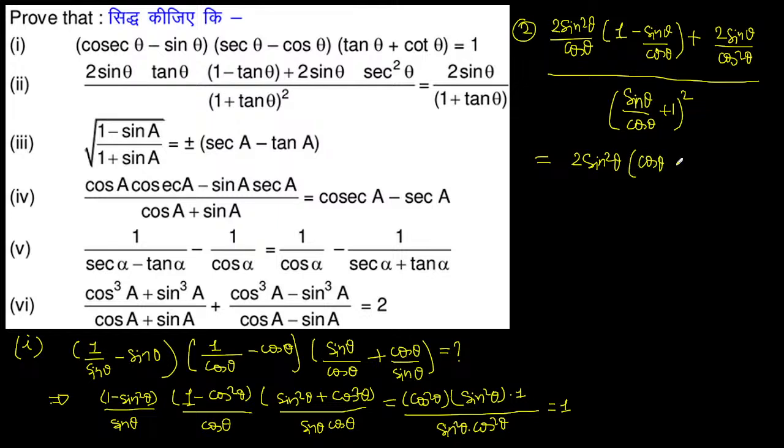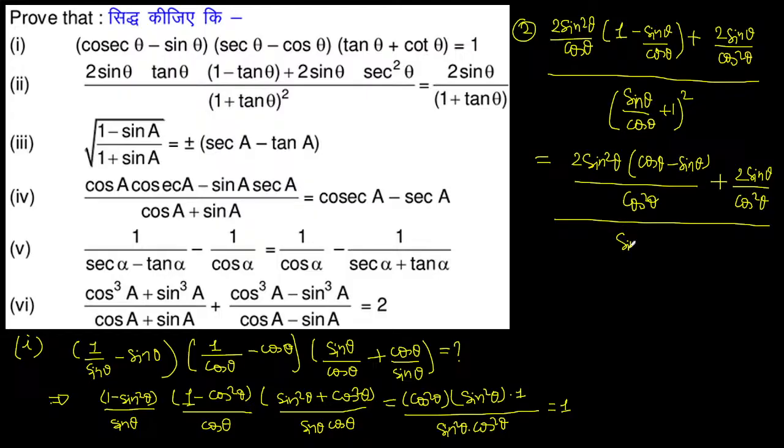Cos theta minus sine theta, taking LCM, and at the bottom we have cos square theta, taking LCM and multiplying both of them. Here we have 2 sine theta upon cos square theta.